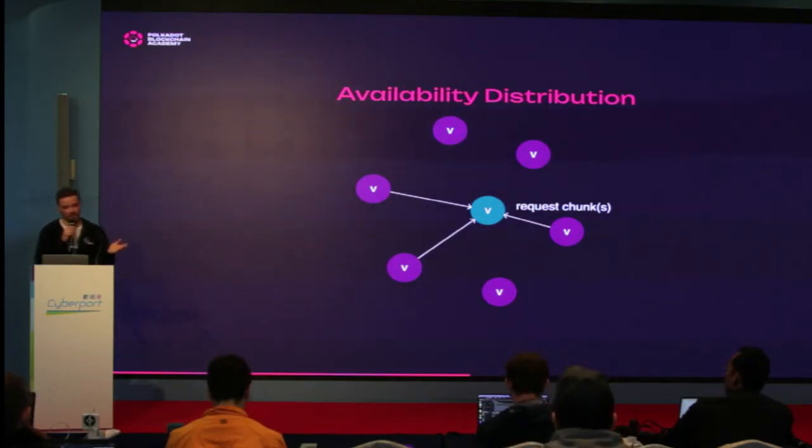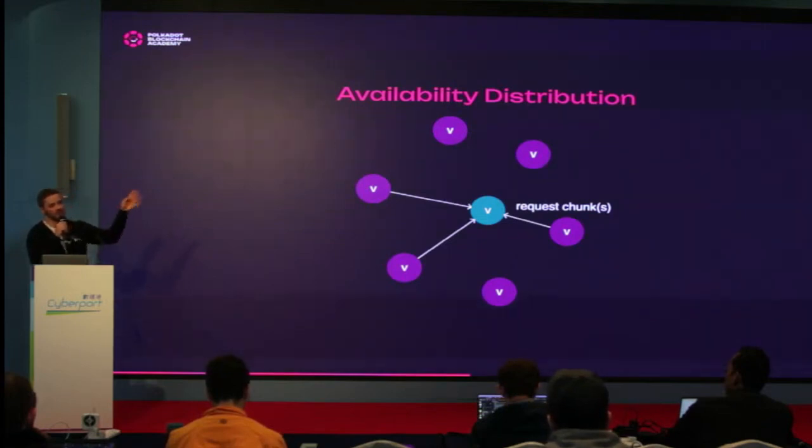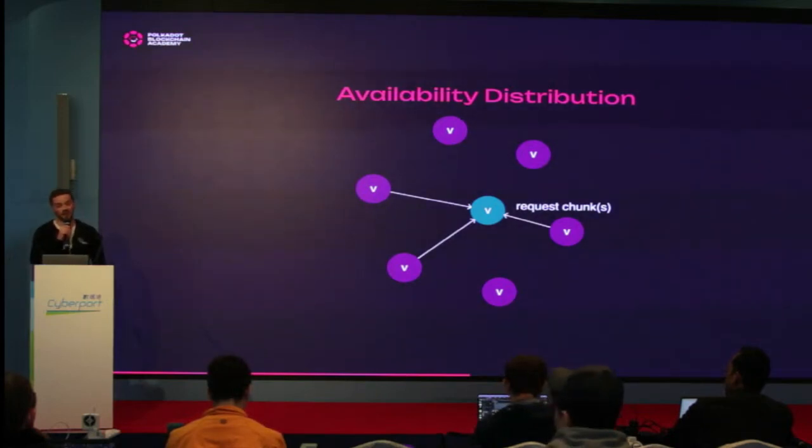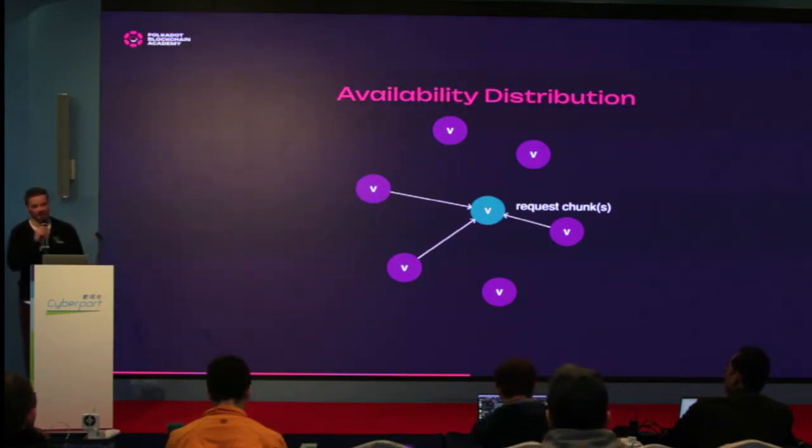So what happens for the data availability distribution is validator I sees backing statements on chain. So they see that these backers have placed statements on chain. Those blocks have been gossiped. They see those statements. And then they request chunk I from any of the backers in the backing group.